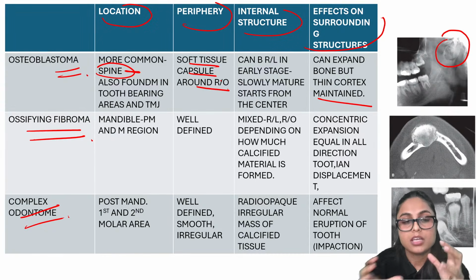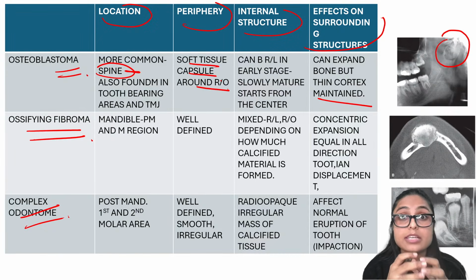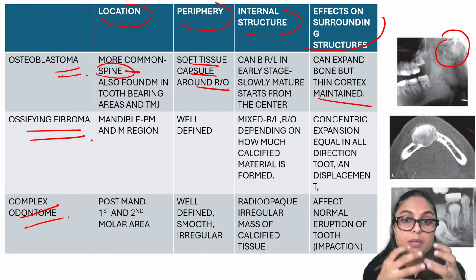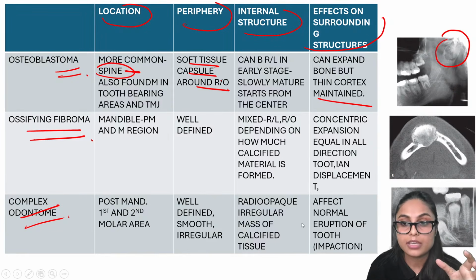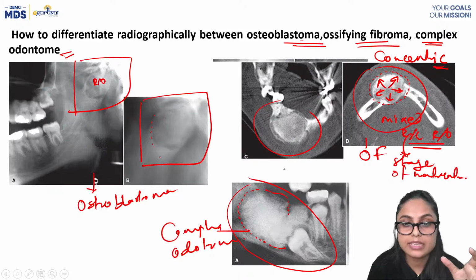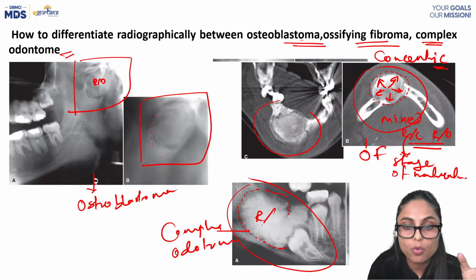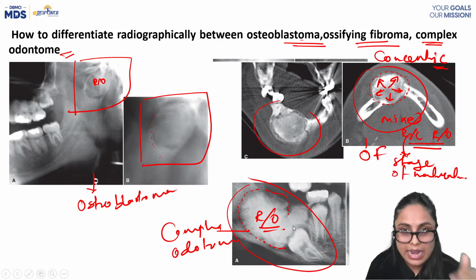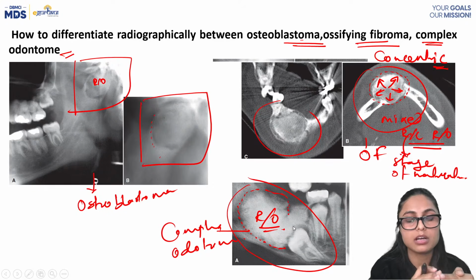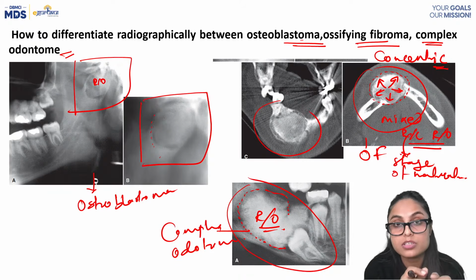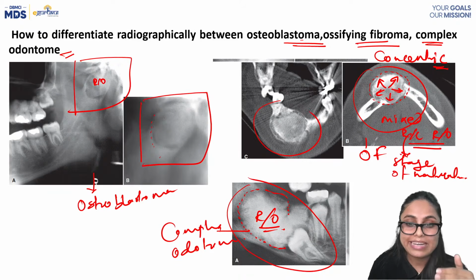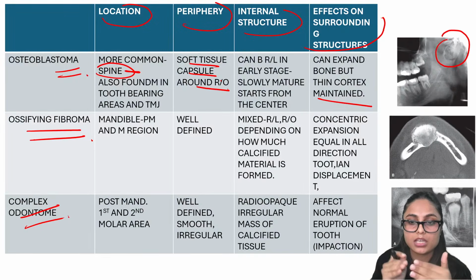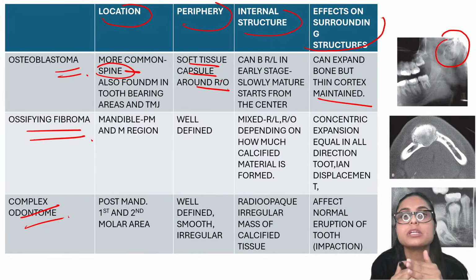Then the internal structure is completely radio opaque, as you can see. And what are the effects on surrounding structures? It can affect the eruption of a normal tooth.